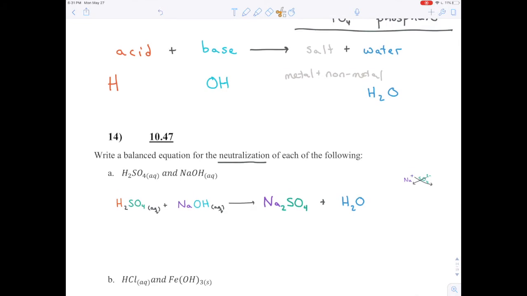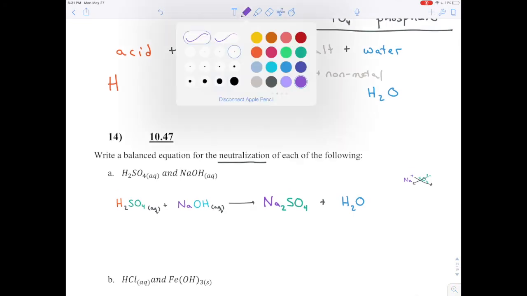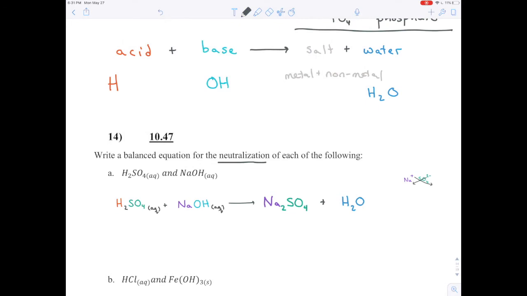Remember, when you're balancing these neutralization reactions, balance everything that is not oxygen or hydrogen first. Also, if you have a polyatomic ion, remember to treat that as one thing. So here, our polyatomic ion is sulfate, SO4. The 4 is part of that ion. That's all clumping together and acting as one thing. So we're going to treat that as just a giant green blob.